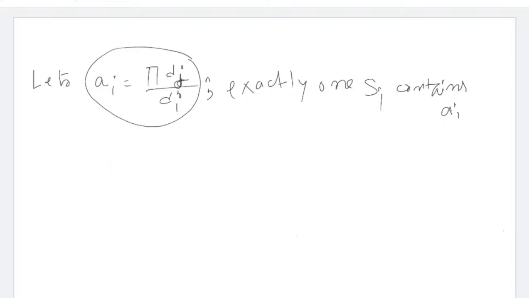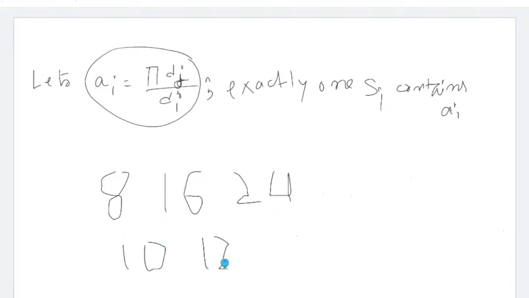You can have something like 8, 16, 24, and so on, and you can have another sequence that goes 10, 14, 18, 22, and so on. So the difference need not be equal.